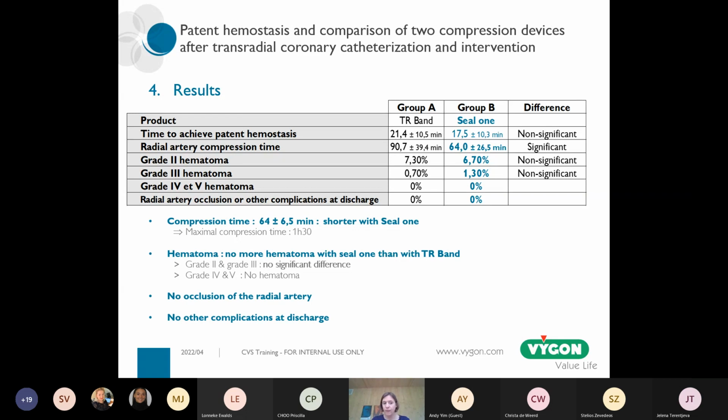Regarding hematoma, no more hematoma with SIL1 than with TR-band. This is not significant, but there are no hematoma grade 4 and 5, and very few hematomas grade 2 and grade 3. No occlusion of the radial artery and no other complications at discharge. So they are very good results.